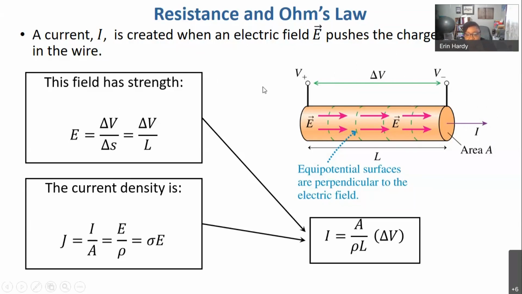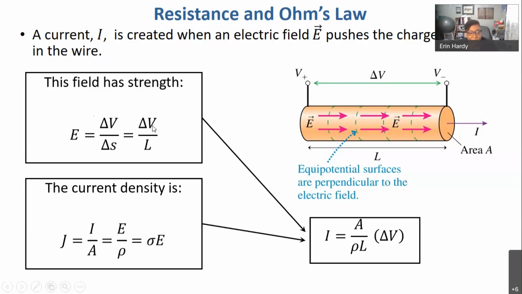But if we reversed the direction of the delta V here, let's say the potential on the left side of this wire was more negative this time, and on the right side it's more positive, I wouldn't be able to change this field strength without changing the delta V or changing the material that the wire is made out of. All I would do is change the direction of those electric field vectors, but the strength would stay consistent. That's why we can ignore the negative right here.